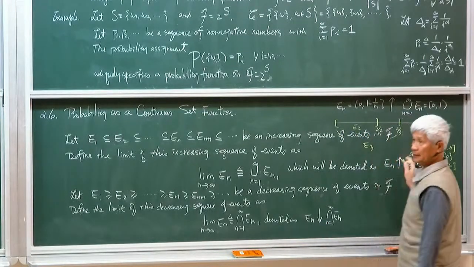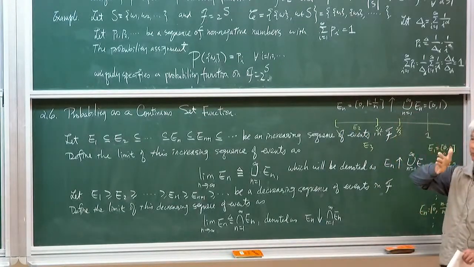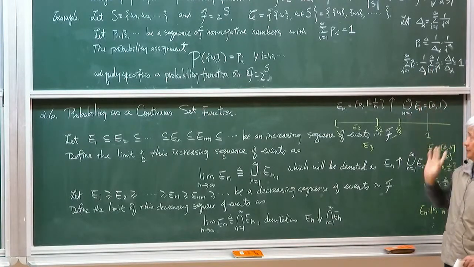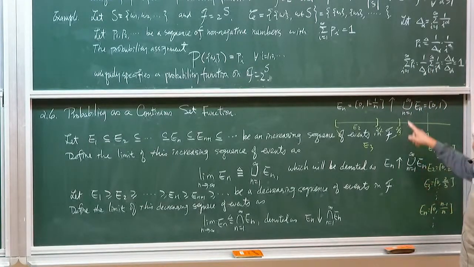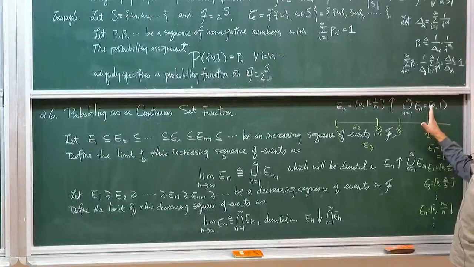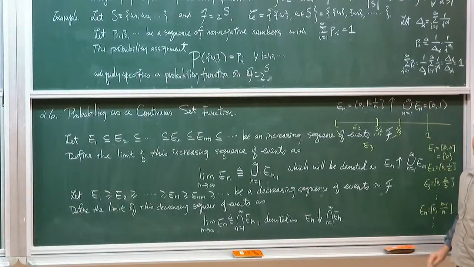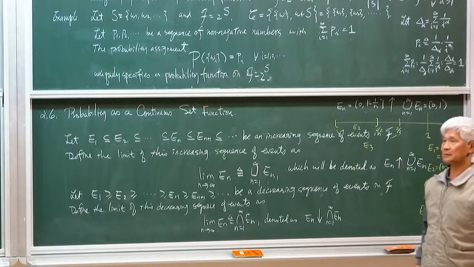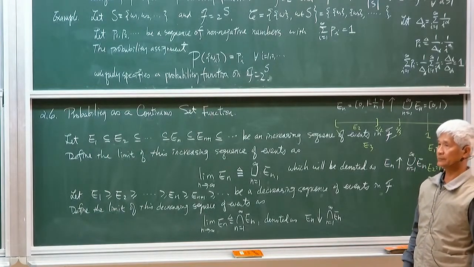Each of them becomes bigger and bigger. It's an increasing sequence of events. And when you take their union, it becomes this half-open, half-closed interval, but it never reaches 1, never.